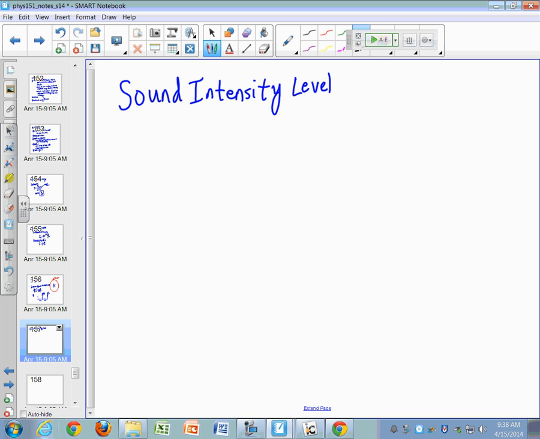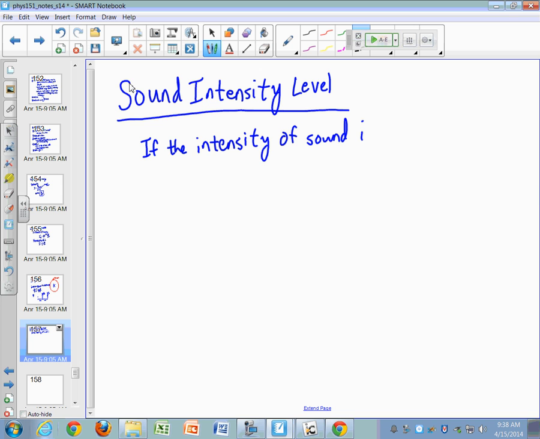And we use it because if the intensity of sound is increased by a factor of 10, say from 10 watts per square meter to 100 watts per square meter, a person perceives it only to be about twice as loud.